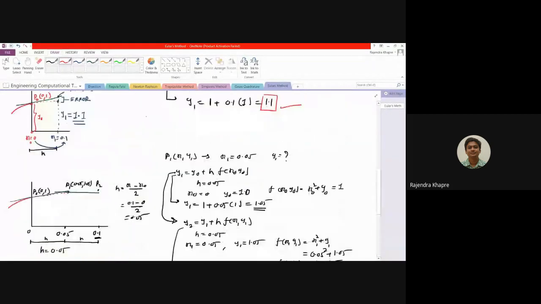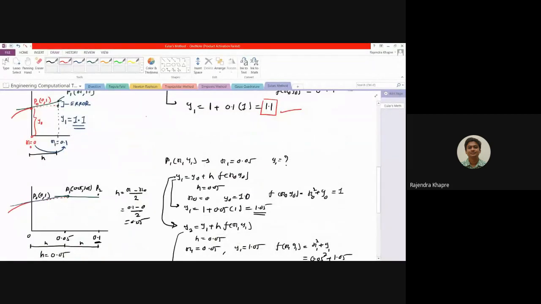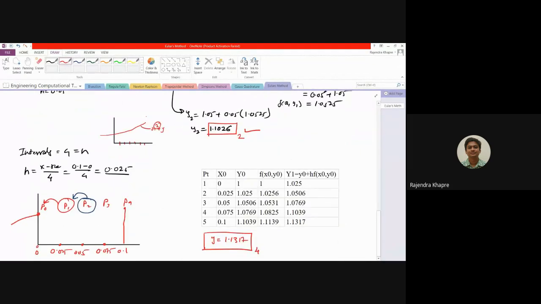Because of this, the initial value which we obtained, 1.1, had a large amount of error. Then when we used two intervals, we got 1.102. But when we used four intervals, we got something like 1.13. If you go for more and more intervals, I am sure you will reach a correct solution. I hope this is clear to everybody.